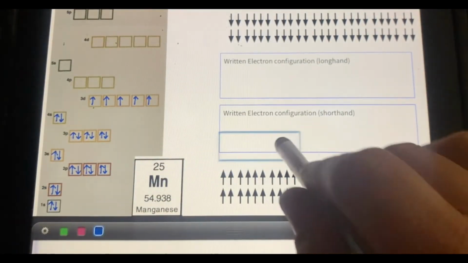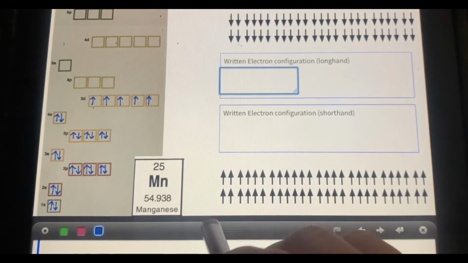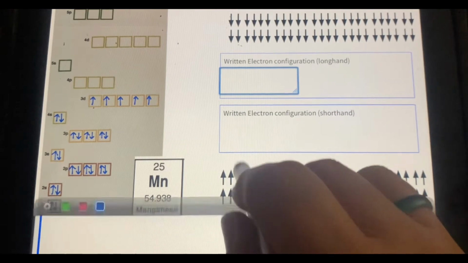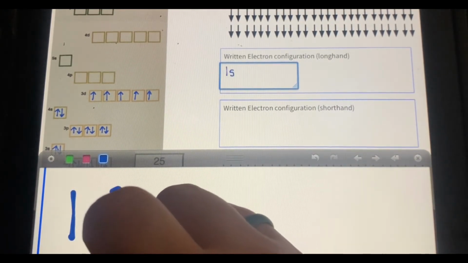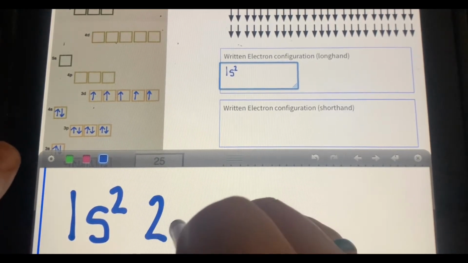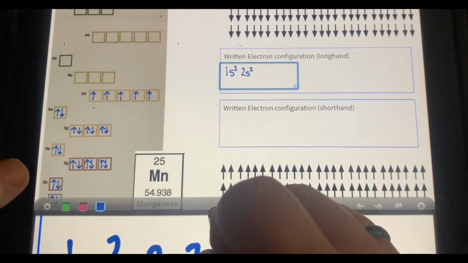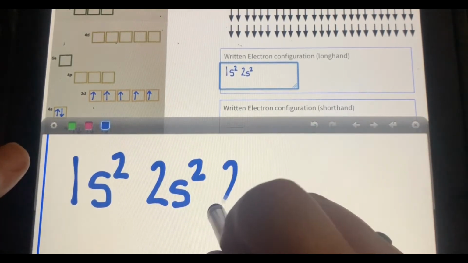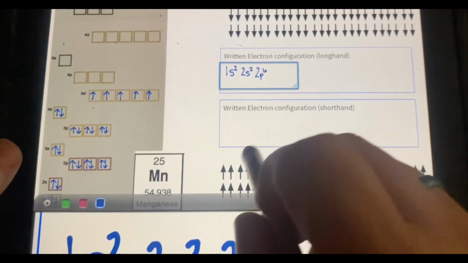So to write my, let's do longhand first. I have 1S2, then 2S2, then I write my 2P6. Now pay attention to this step.